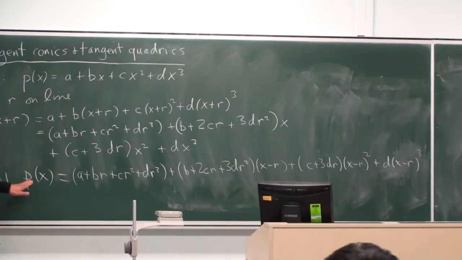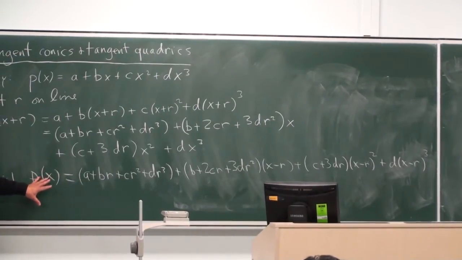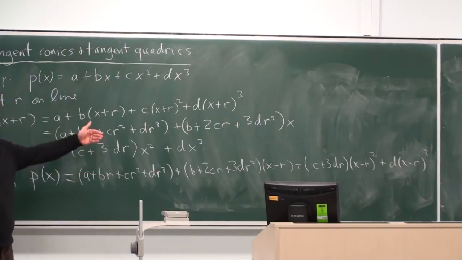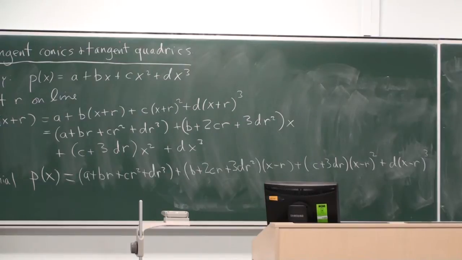So that's just a rewriting of the original polynomial. It's the same as the original polynomial, except now it's expressed in powers of X minus R, and we've only used very elementary high school algebra. Basically, we've just translated the polynomial, that's all.